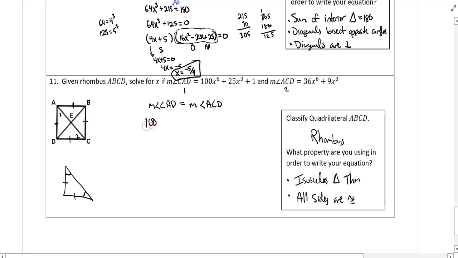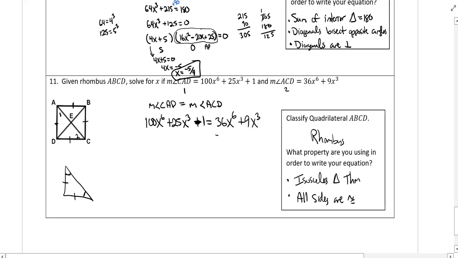So 100x to the power of 6 plus 25x to the power of 3 plus 1 is equal to 36x to the power of 6 plus 9x to the power of 3.